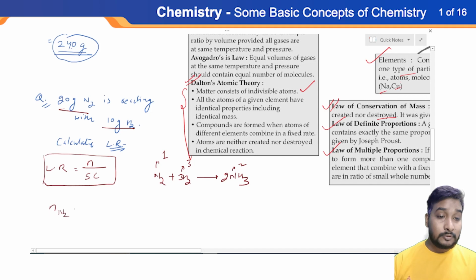We have the masses, so please calculate the moles. Moles of N2 should be 20 divided by 28, sorry, moles is not 28, it is 14, 20 divided by 14. And moles of hydrogen is 10 divided by 1, it should be 10.